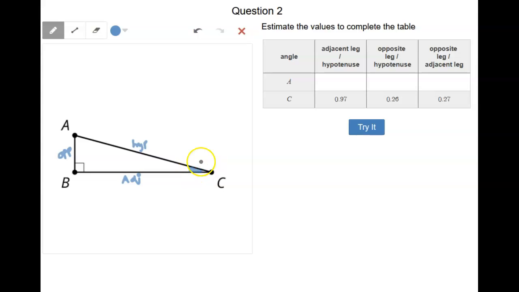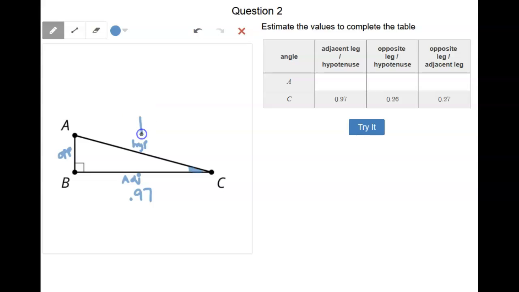If we changed to A, then the opposite and the adjacent would flip-flop places. So if we have the adjacent over the hypotenuse equal to 0.97, we can kind of think of it like this. The adjacent side is 0.97.